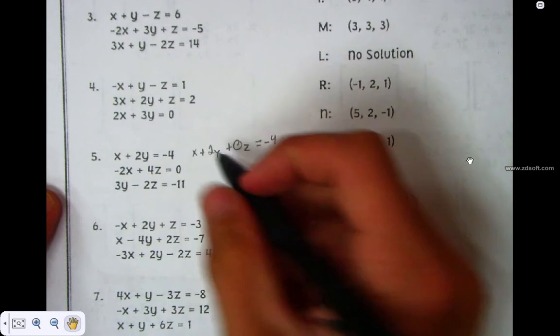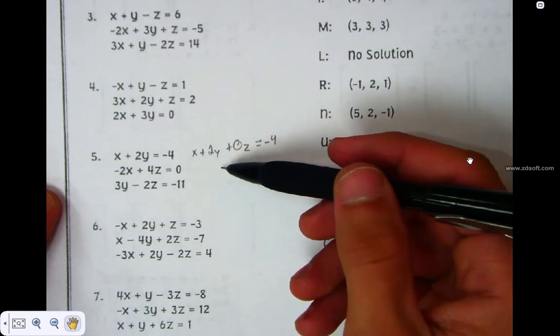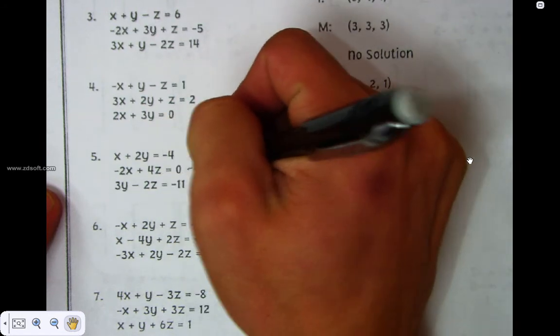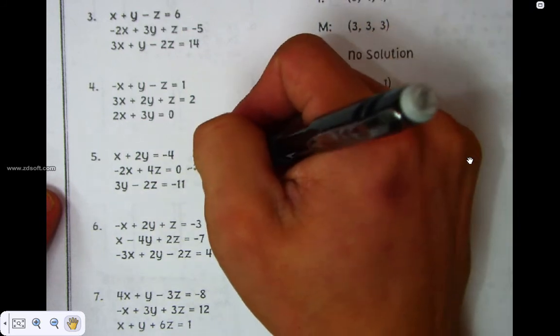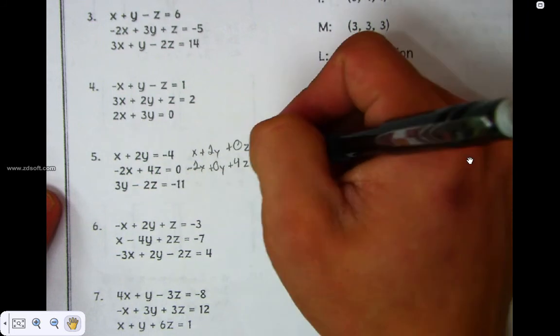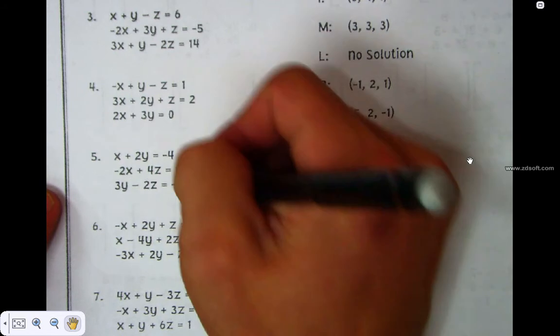On the next one, we're going to have -2x. We don't have any y's, so plus 0y, plus 4z, equals 0.